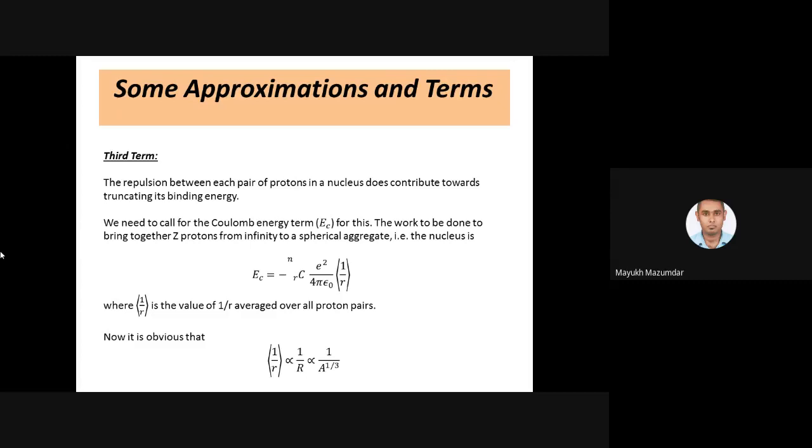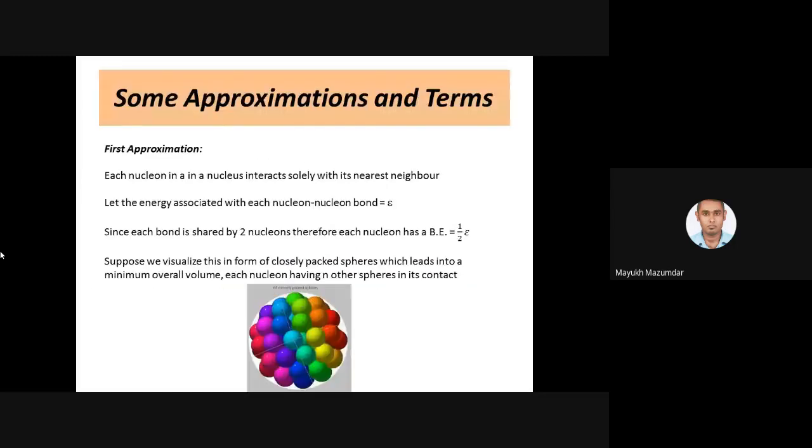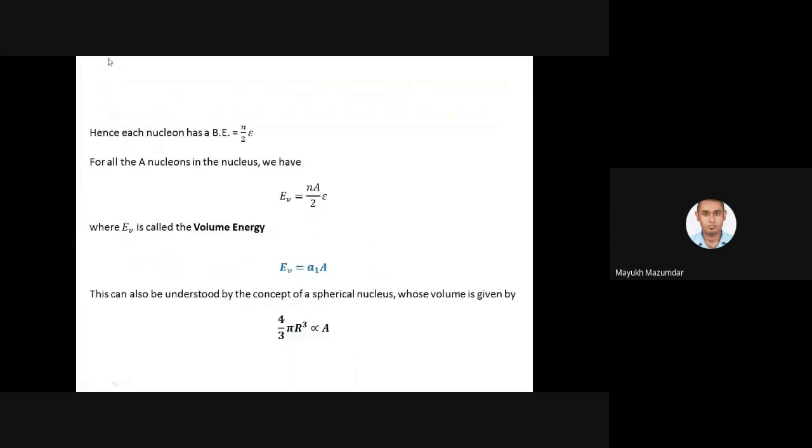Anyways, the repulsion between each proton pair, between two protons at each instant, will always try to decrease the binding energy. So tomorrow we'll see that when something is decreasing, we need to decrease something out of this one as well.